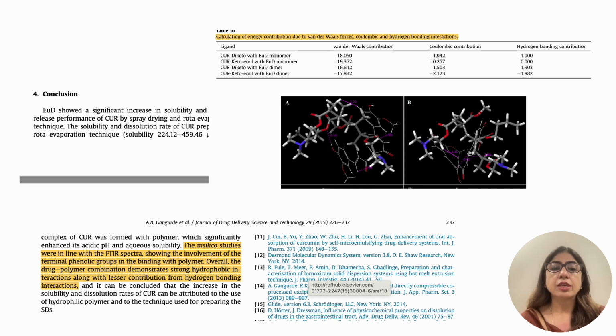In conclusion, they noted that the in silico studies were consistent with FTIR spectra, and thus they used these studies to confirm their findings on drug-polymer interactions. In silico studies are relatively easy to perform and when used correctly can yield reliable results.